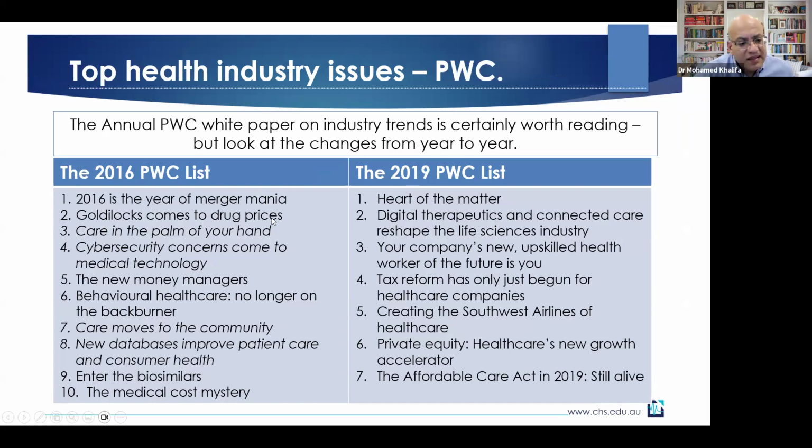So we will find that the list has been a little bit updated with more digital therapeutics, connected care, with more creating of private equity, Affordable Care Act in 2019, and so on.